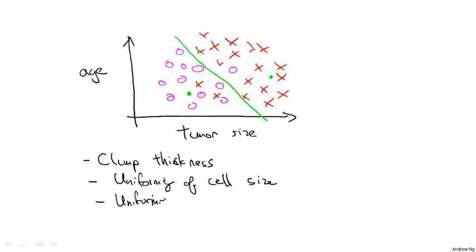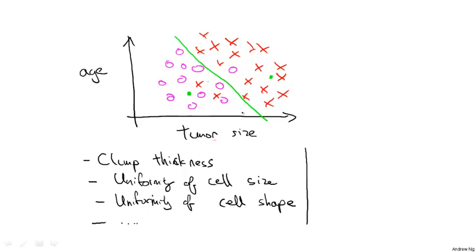Uniformity of cell shape, and more generally, you can come up with a lot of additional features or a lot more attributes with which to try to predict malignancy and benignness of a cancer. Okay? So hopefully that gives you the understanding of what supervised learning is, where you're given a data set and you're asked to predict more of these right answers, and of regression, where you have a continuous value output, and classification, where you have a discrete value output.